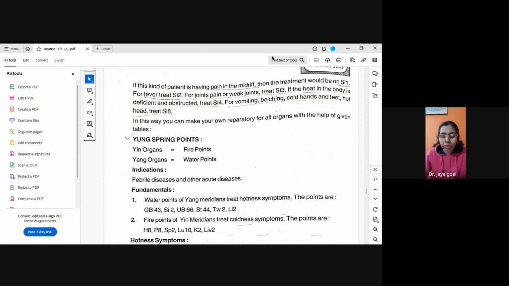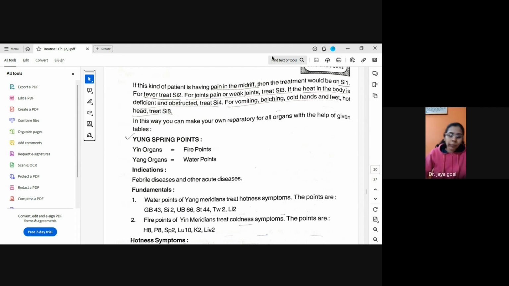The Jing Well point is for acute diseases, acute conditions, and it is usually present near the nails of our fingers or toes.